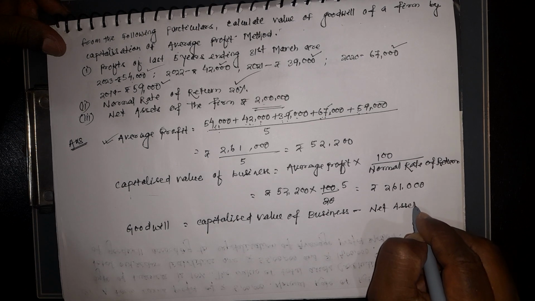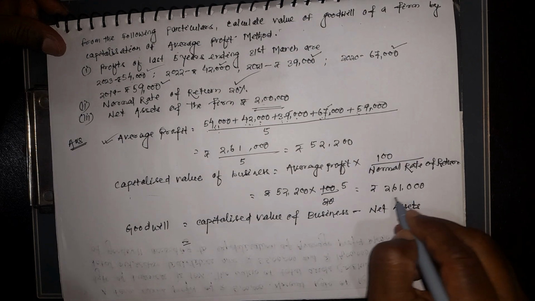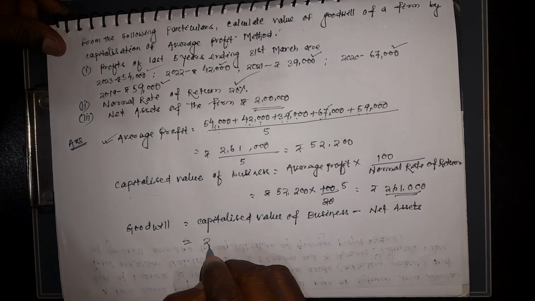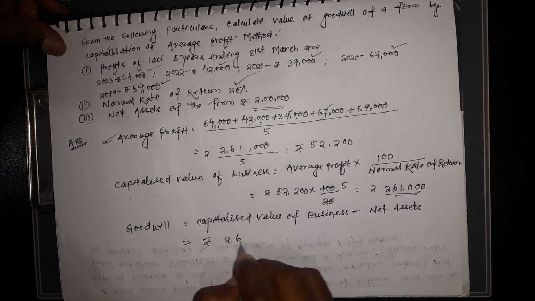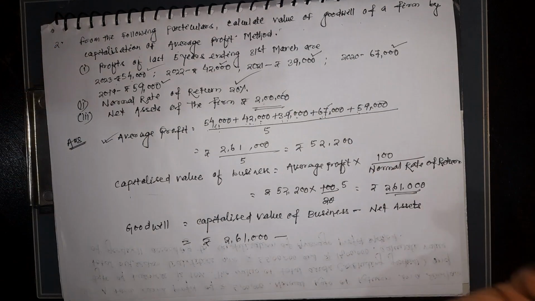So capitalized value of business we have already calculated: 2,61,000. Net asset value is given in the question. It is 2 lakh.